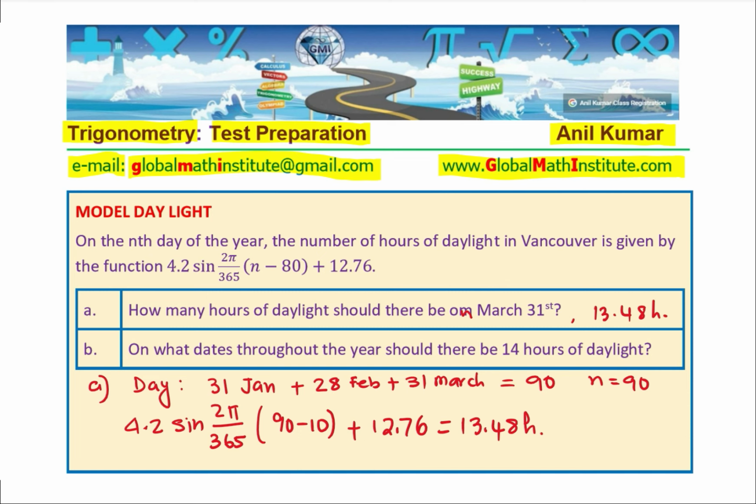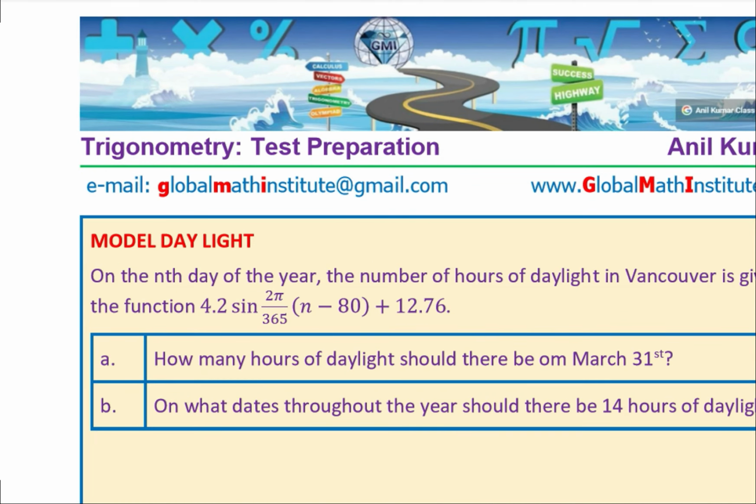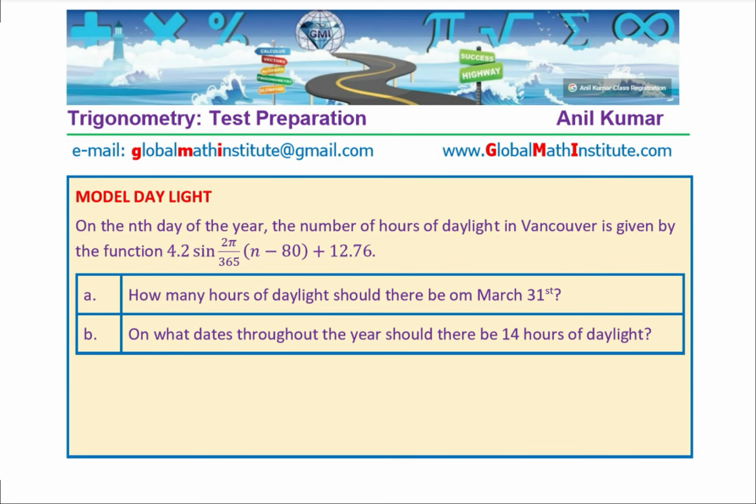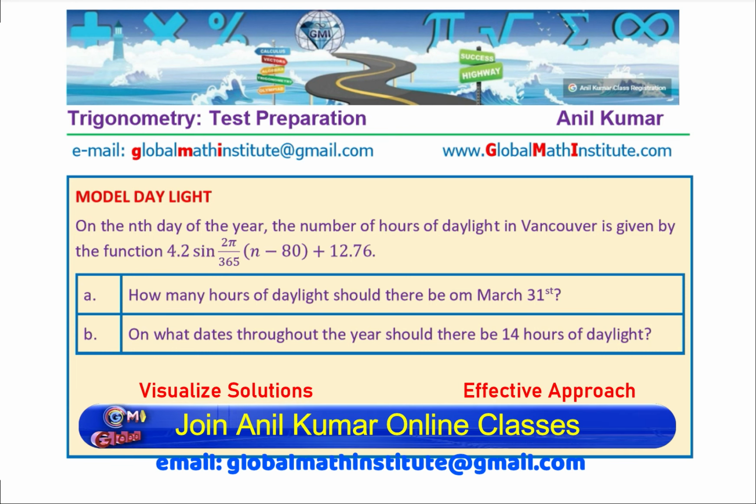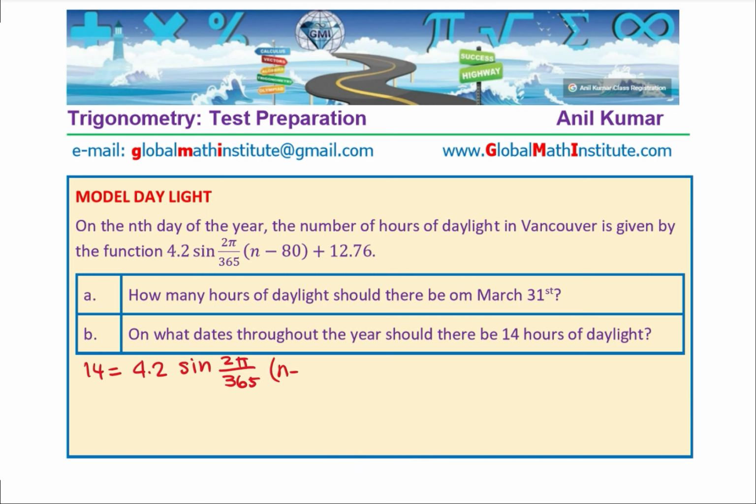So let's take the solution of the second part. The number of hours we need is 14. So in this equation, we can write 14 equal to 4.2 sine of 2 pi by 365 times n minus 80, plus 12.76.